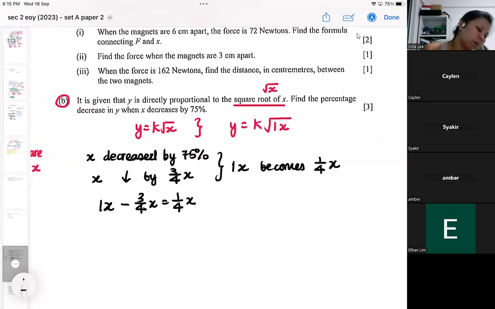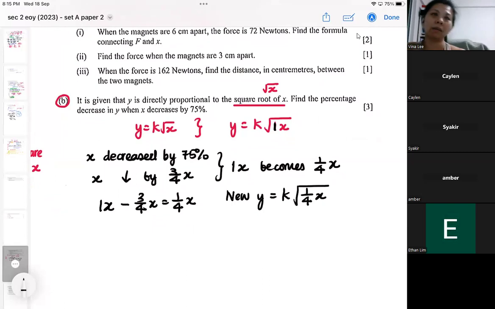So when 1x becomes 1/4 x, the new y will be, instead of square root of 1x, the square root of 1/4 x. Instead of taking square root on 1x, you're taking square root on 1/4 x.